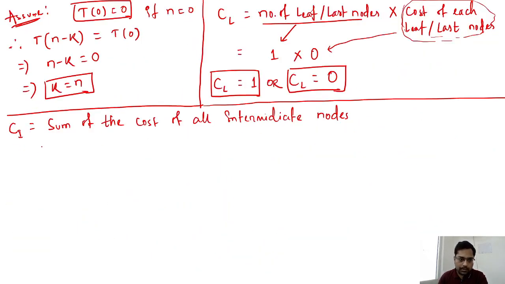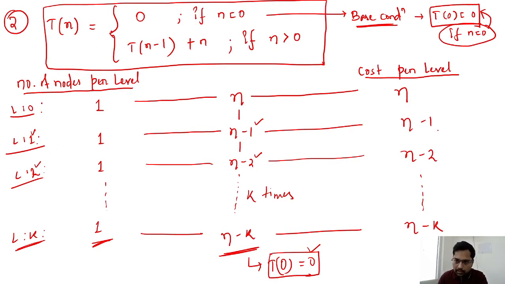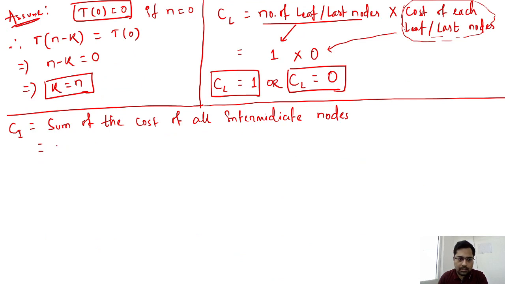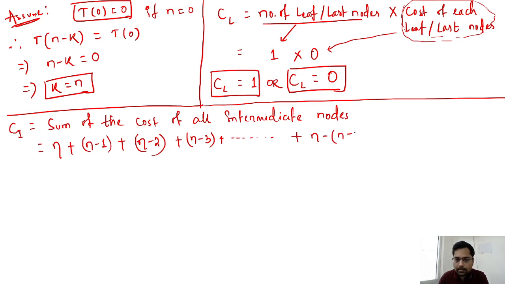So here the sum of all intermediate costs is n plus n minus 1 plus n minus 2 plus n minus 3, and so on, up to n minus k minus 2 plus n minus k minus 1 plus n minus k, like this.